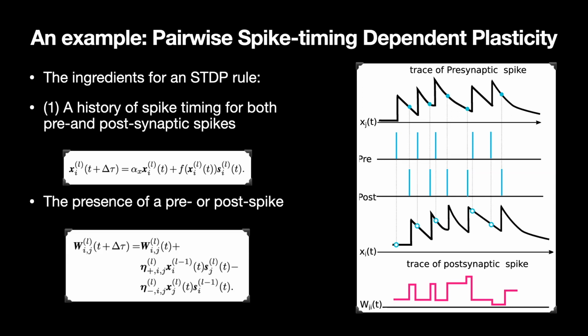So basically, you're aggregating this decaying trace of information at the synapse. And you do that for pre and postsynaptic neurons.